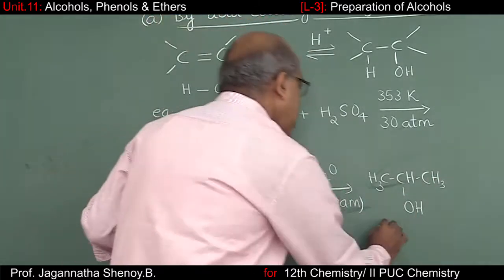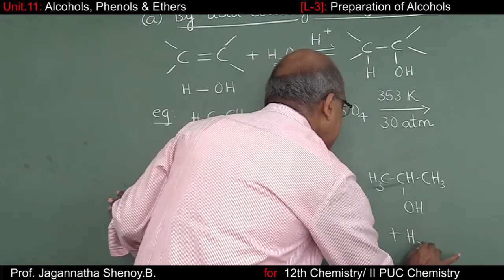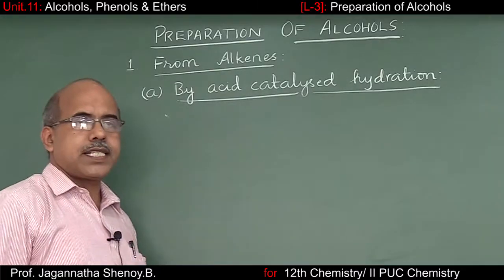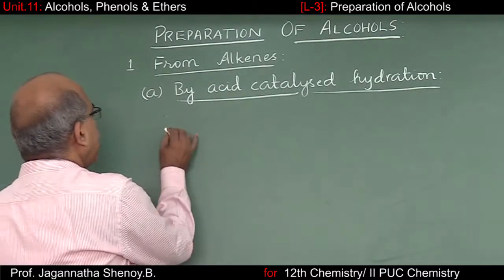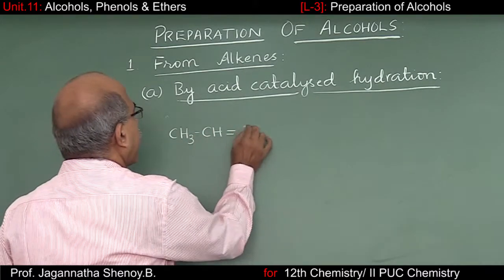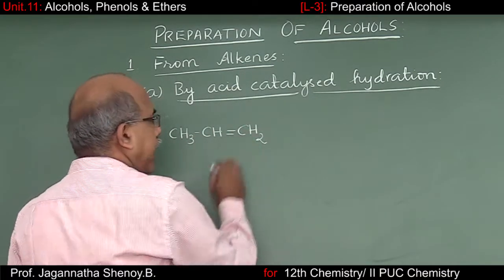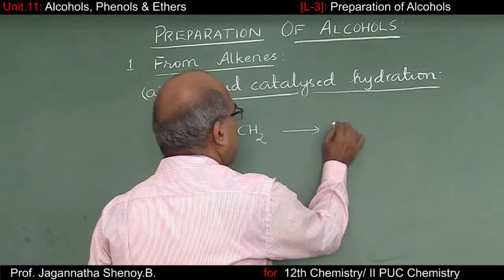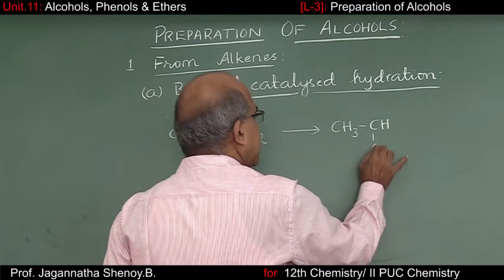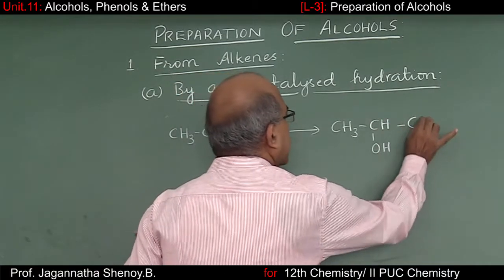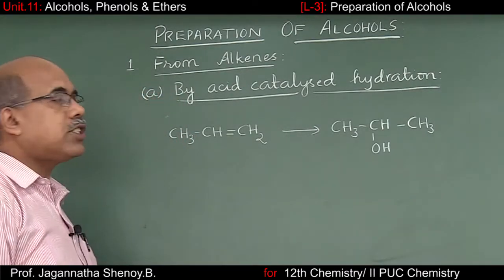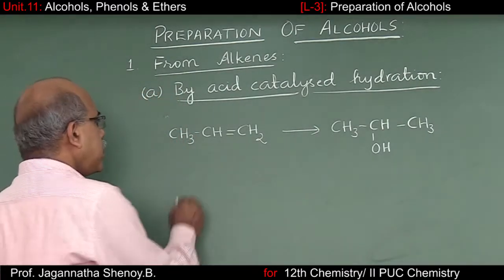And meanwhile, sulfuric acid is regenerated. In this reaction, you have observed that if I start from propene, the final product obtained is isopropyl alcohol, which I write as CH3CHOHCH3.